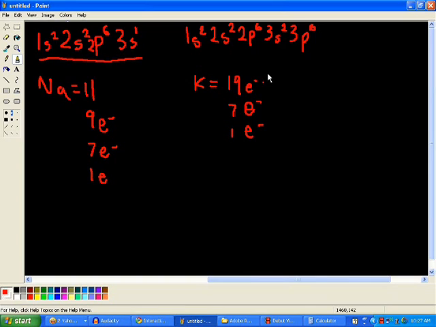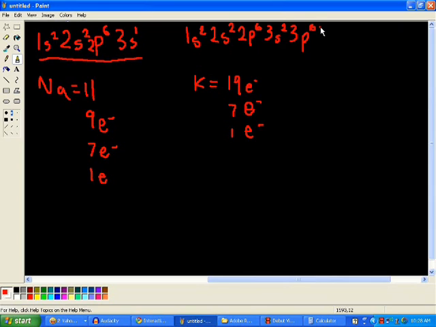Now see what happens after you fill the 3p subshell. I know it's going to sound weird and confusing, but you always have to skip the D subshell and go directly to the 4s, and then go along fitting the 3d subshell.